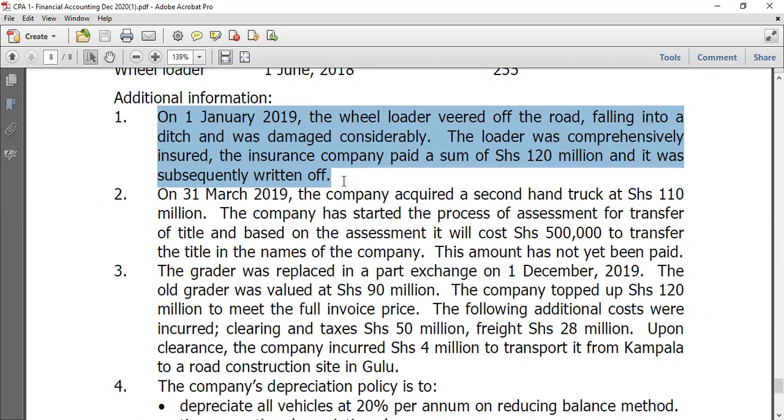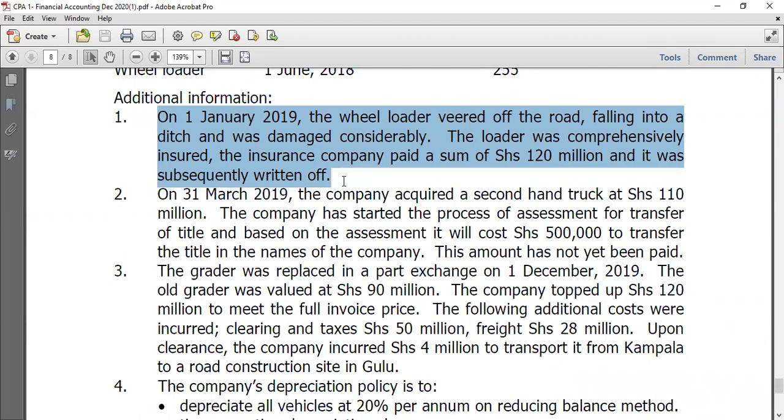Of course, we have to file the claim, and once the claim is fully accepted by the insurance company, then we go ahead to recognize an insurance receivable. So here they are telling us that the company did file, and since the loader was insured, they paid us a sum of 120 million.